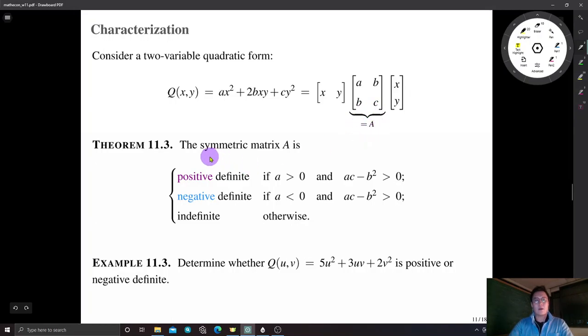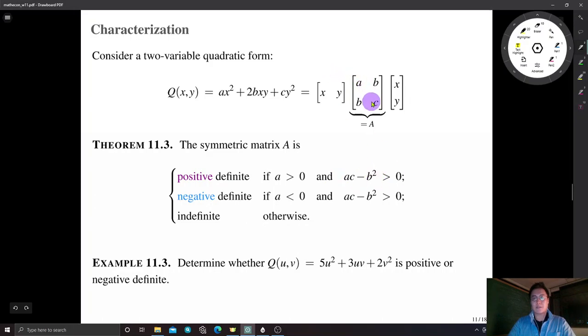Okay, and it turns out that the symmetric matrix A is positive definite, meaning that no matter what x and y, this quadratic form expression is always positive, if the first entry a is positive, and AC minus B squared is positive.